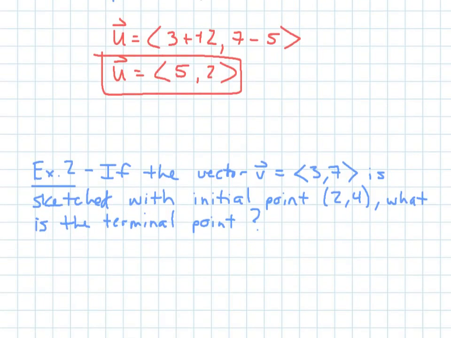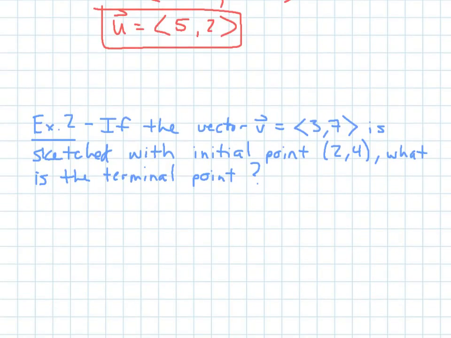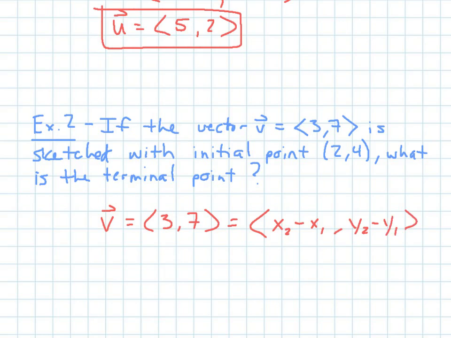Okay? Now let's say we have one of those points missing. So if you're given the vector and you want to find the terminal point given the initial point, then how would you go about finding that? So here, if you know your vector v is 3, 7, remember that's equal to your x2 minus x1 and your y2 minus your y1. Well, you know one of those points, right? So you know your initial.